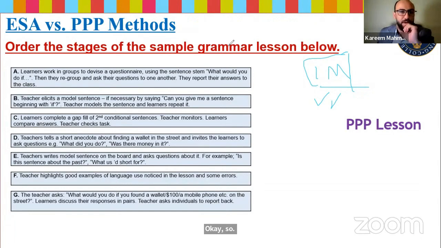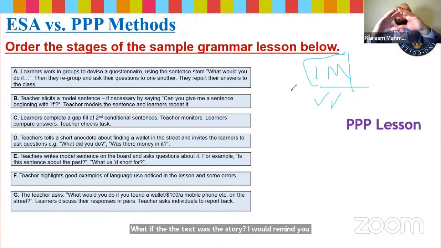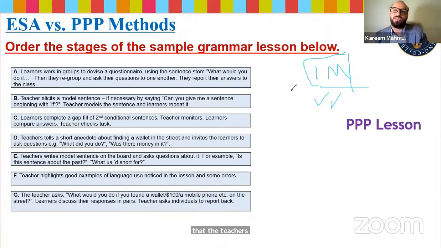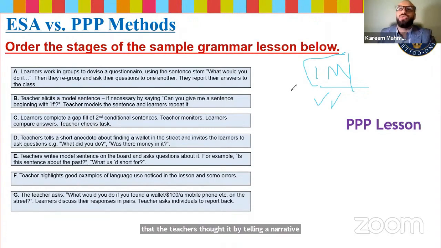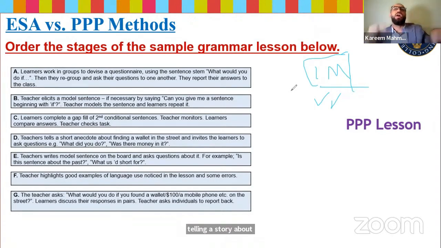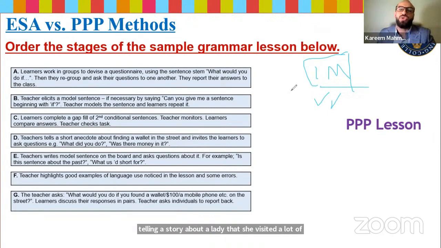if you don't remember the text or the story, I would remind you that the teacher started by telling a narrative, a story about a lady who visited a lot of places, and eventually she could not pay for the newspaper because she did not find her wallet.